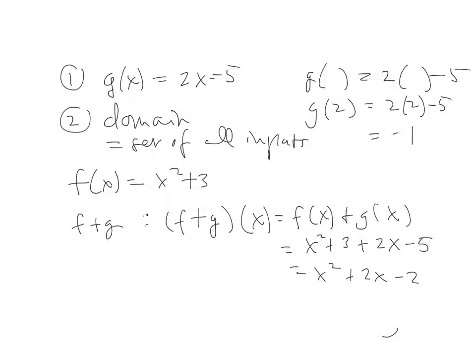Now, one particular combination is that of composition, and I'm going to go to the next page here. With the two functions I was mentioning, on the other slide, g of x was 2x minus 5.